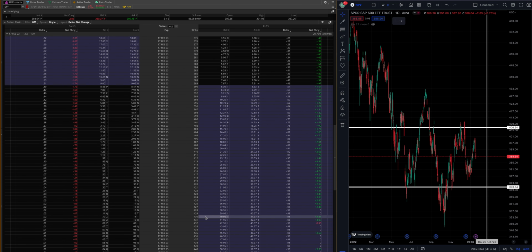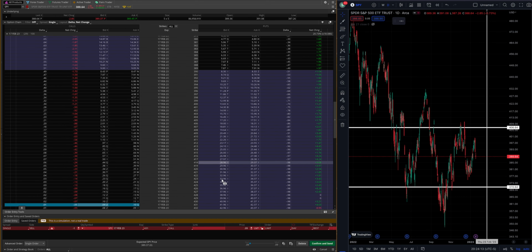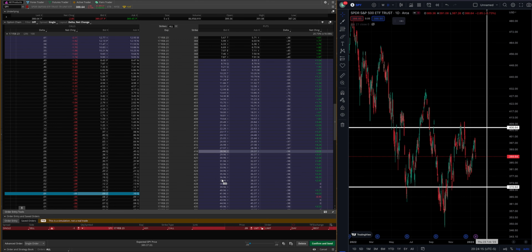So if we go up to 431, it's very, very far away from the actual price, from the money, a low delta. So it's not going to be worth much. Remember that options closer to the price have more value than options further from the price. But there are times when volatility is super high that you can get good credit for options that are way, way out of the money.